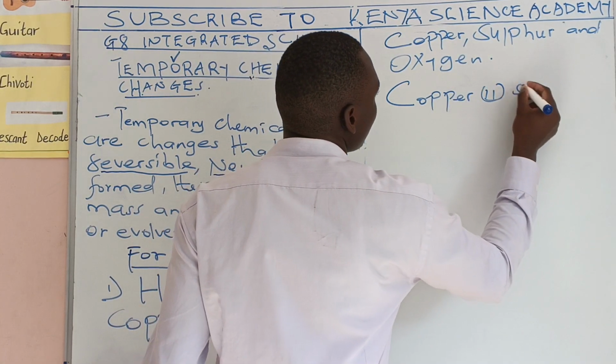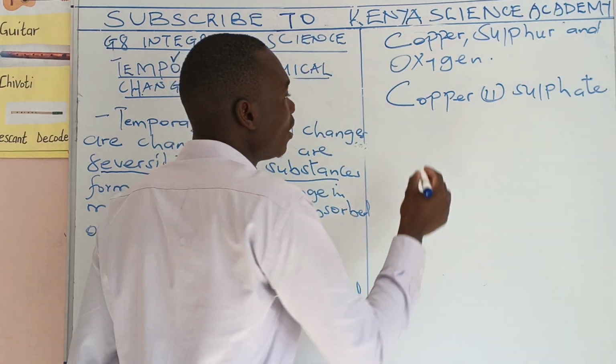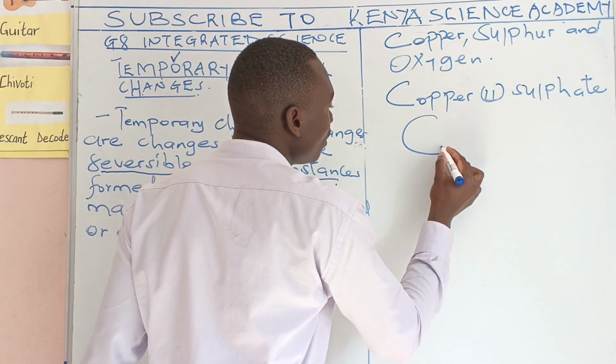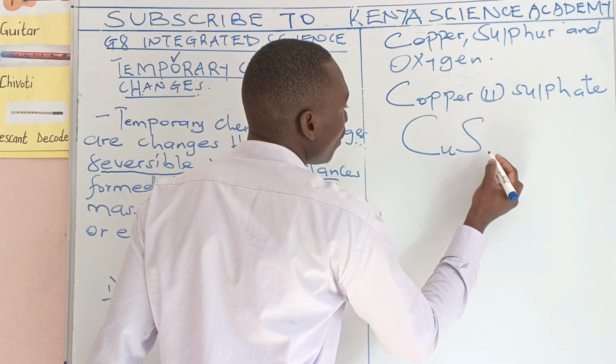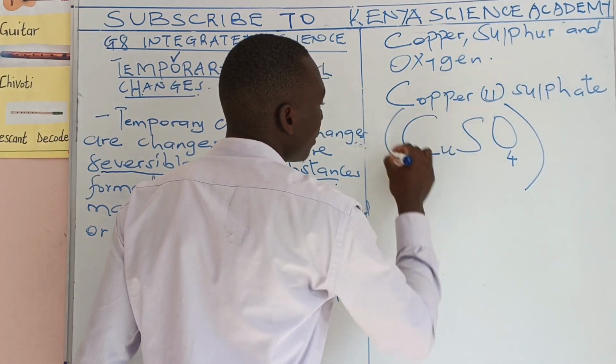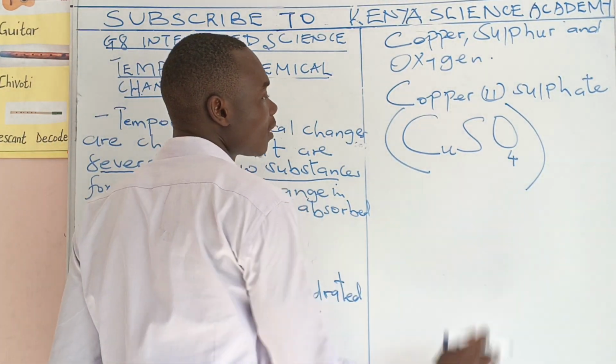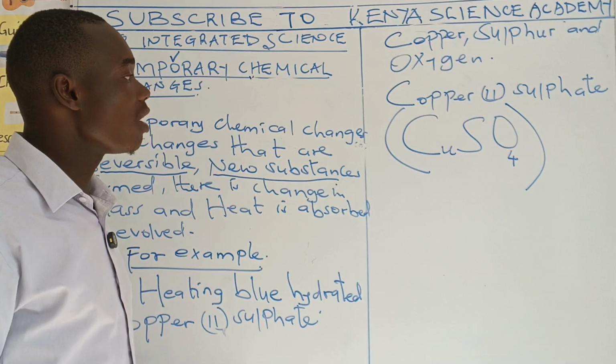Copper 2 sulfate in symbol is capital C, small u, capital S, capital O, and some oxygen there. How many oxygens? 4.